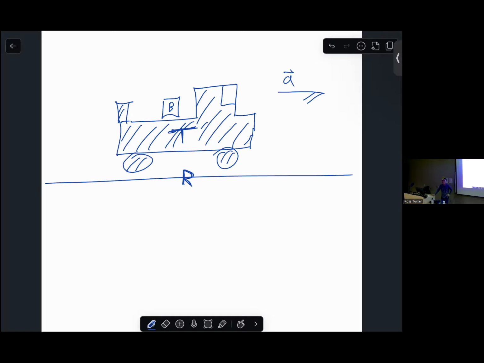Yes, not just moving, accelerating. Because the force that you applied was to the box in that Desmos example, right? But what is pushing on the box in this example?